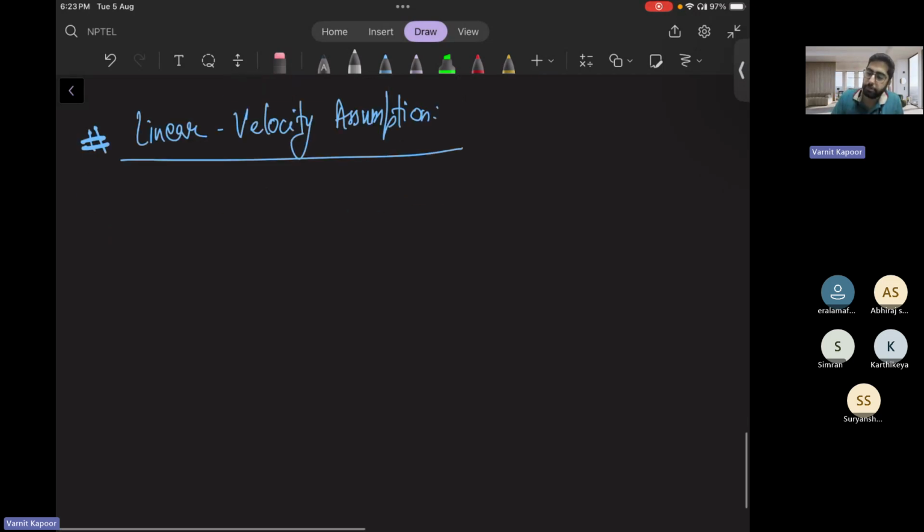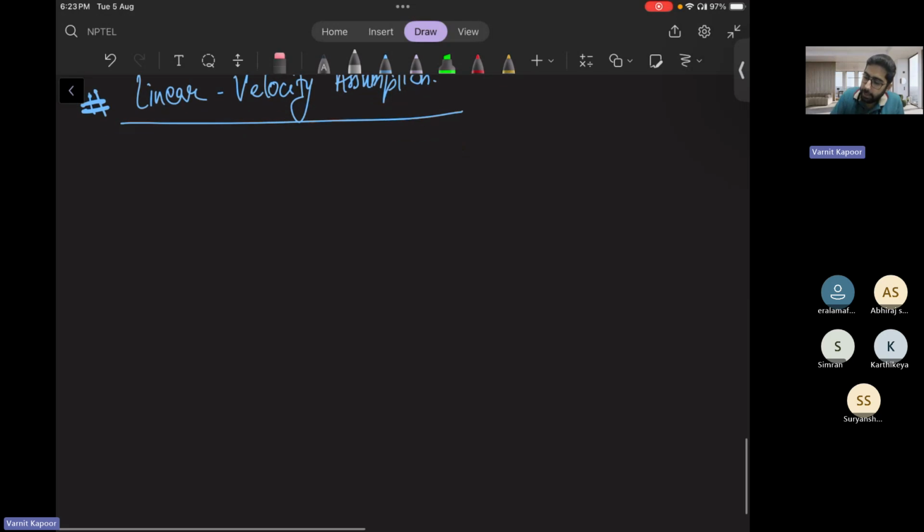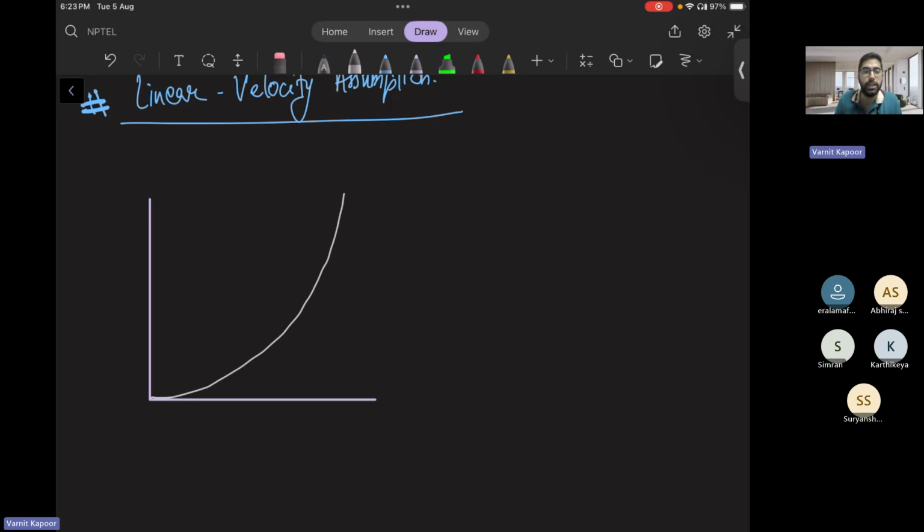Okay, so linear velocity assumption. Here it is a plate and fluid is flowing over it. So I'm making a velocity profile. We made a velocity profile in the last tutorial, and it looks something like this. A linear profile assumption only holds very near to the wall, for the fluid near the wall.